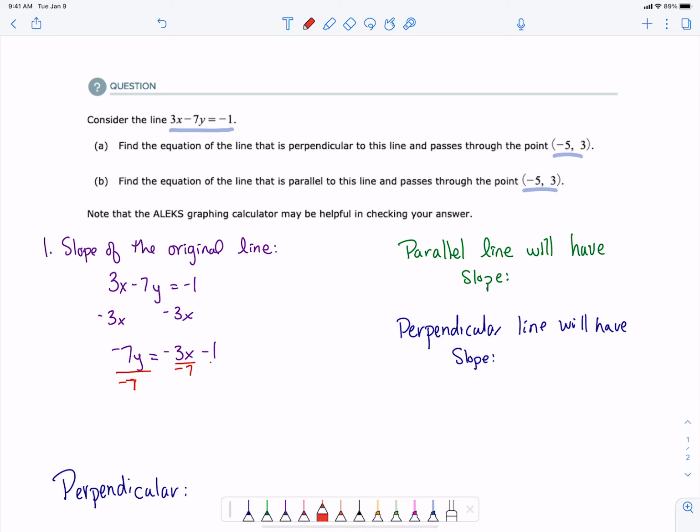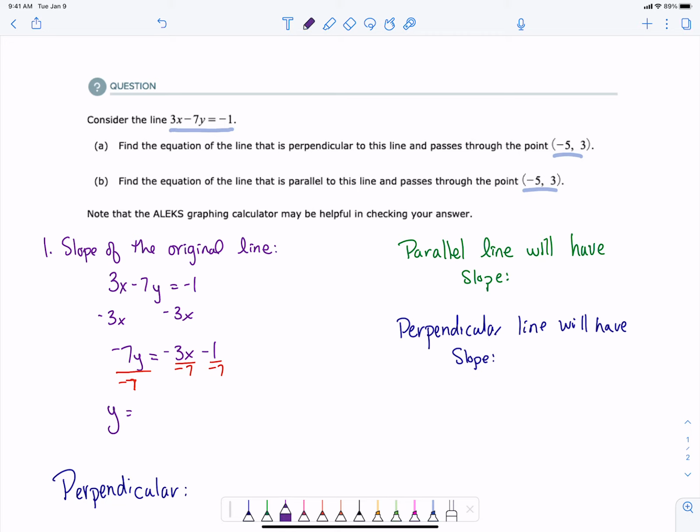And I prefer to write this as dividing each of those individual terms by -7 instead of the whole right-hand side by -7. It's like I'm using the distributive property with division because I need to divide each piece. It just makes it a little bit easier for me to find the equation of this line.